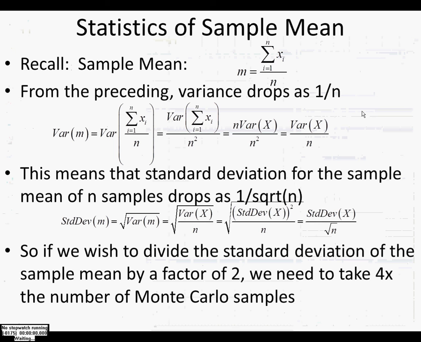We could run it 10 times, or we could run it 100 times, or we can run it 1,000 times. How is that going to increase the level of accuracy with which we could estimate the mean? The standard error in estimating the mean. How much do we need to increase the number of runs, say, to reduce that uncertainty about where the mean lies by a factor of 2? Can anyone say?